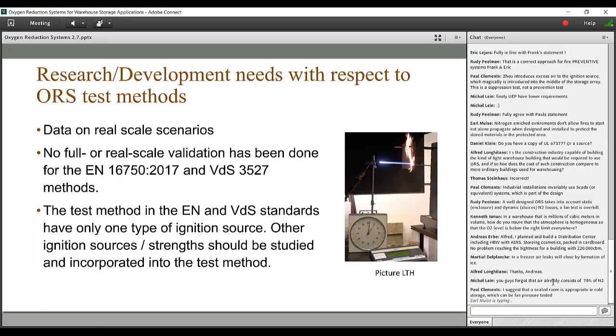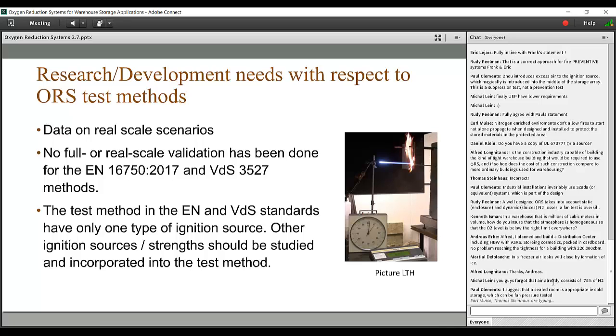apart from a very specific paper which I mentioned earlier, there is very little data where the system has been tested, or where data is available on real scale fire scenarios, where you have a setup in real scale and you conduct the test, similar to what is done for other systems to prevent fires and so on.